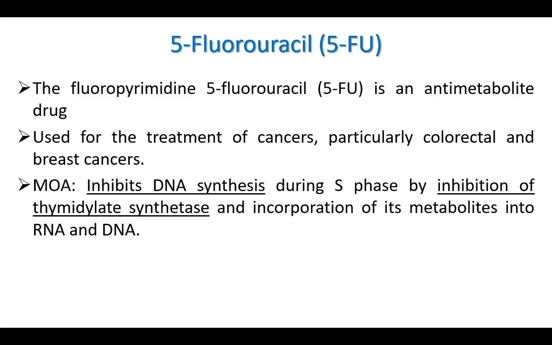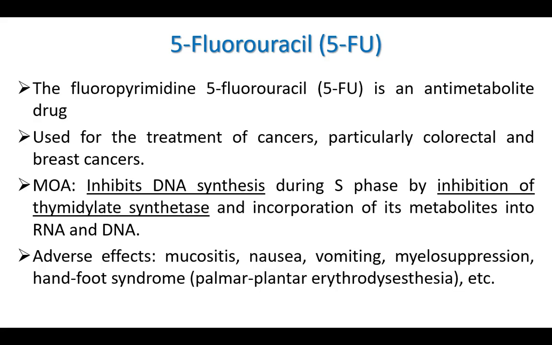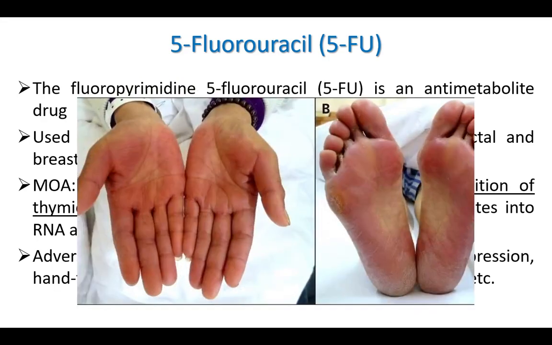It gets incorporated into the RNA and DNA. Adverse effects will be mucositis, nausea, vomiting, myelosuppression, hand-foot syndrome, or palmar-plantar erythrodysesthesia, which looks like this. It's erythema of the palms and soles in patients who are receiving chemotherapy.